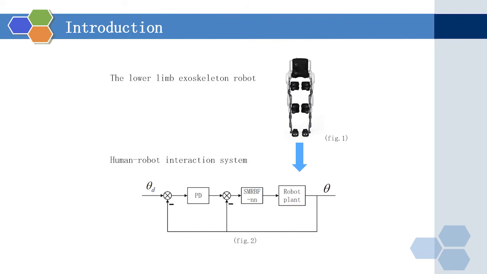The controller proposed in this paper can not only make the LLER track the human body gait trajectory, but also output torque when there is disturbance.